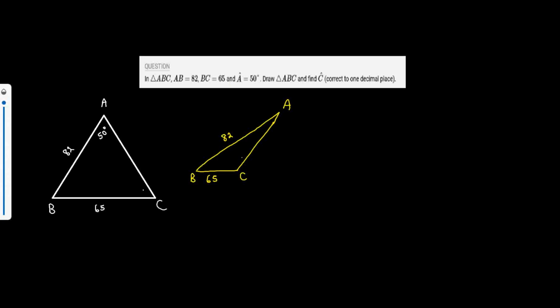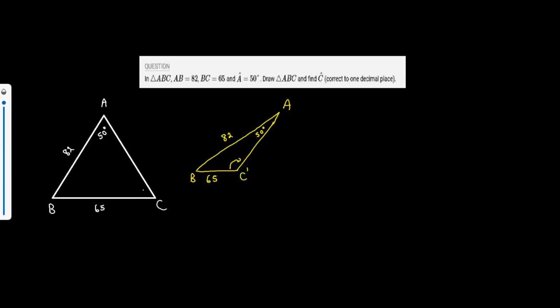And angle A is an acute angle, which is 50 degrees, and angle C, I interpret it as an obtuse angle. And this is what we call the ambiguous case, because one can interpret this angle C as an acute angle in an acute angle triangle, whereas another person will interpret this as an obtuse angle.